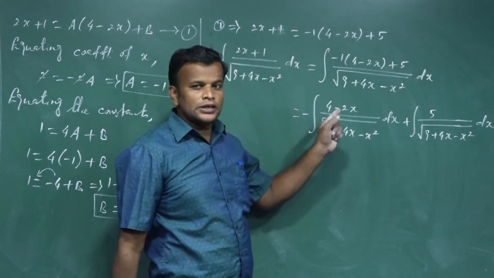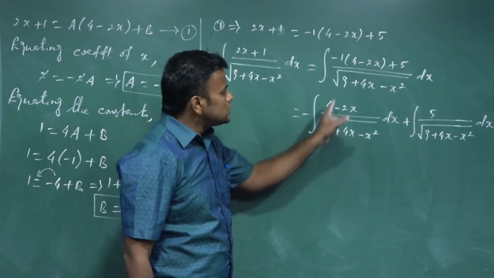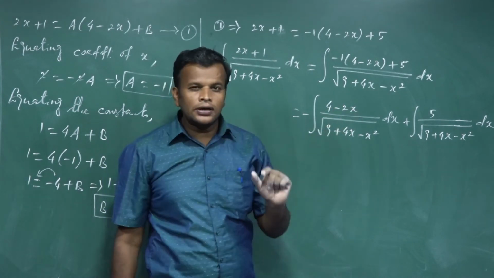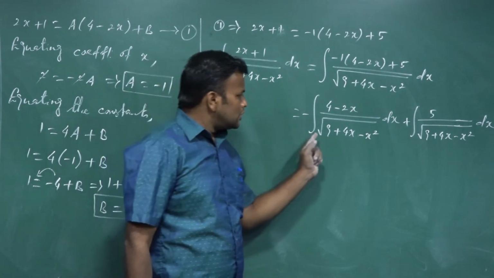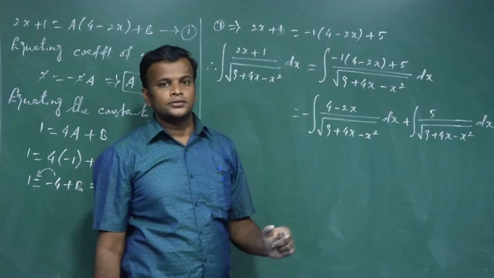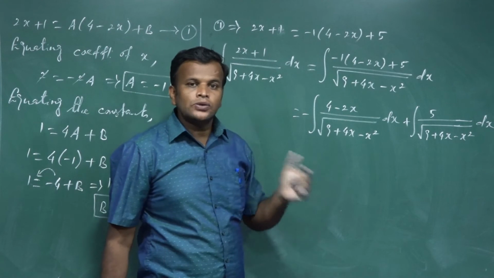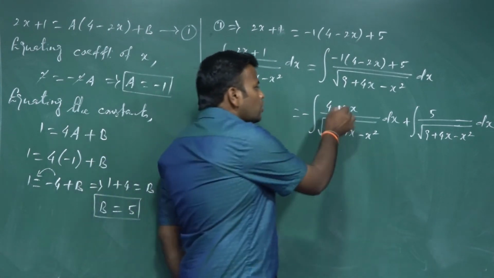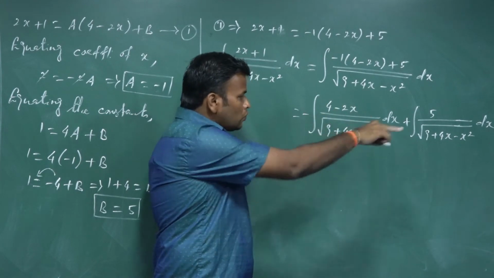We don't multiply inside, just we take outside the minus sign. Okay. Now what is the exact integration? We already wrote in this class the first formula. You see exactly the differentiating of the term within the square root is nothing but the numerator, 4 minus 2x. So it is of the form f dash of x divided by root f of x.